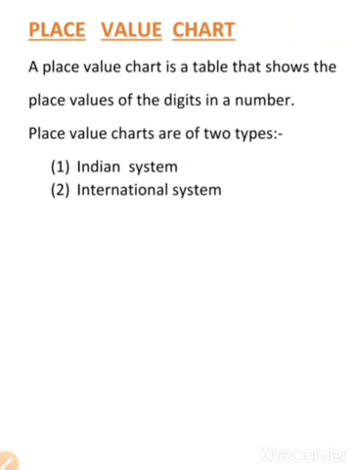Place value chart. A place value chart is a table that shows the place values of the digits in a number. Students, place value charts are of two types. First is Indian system and second is international system.